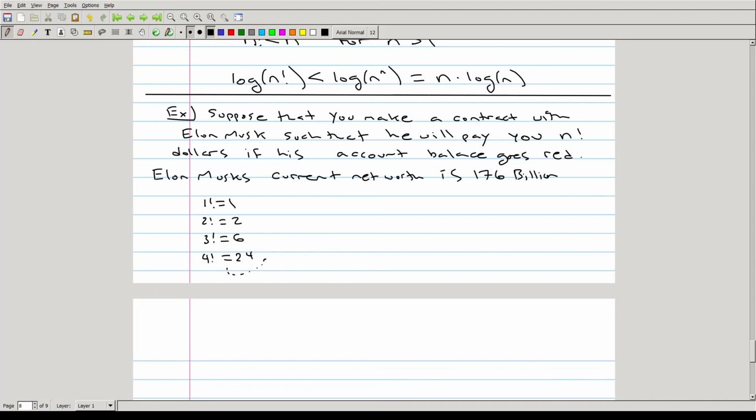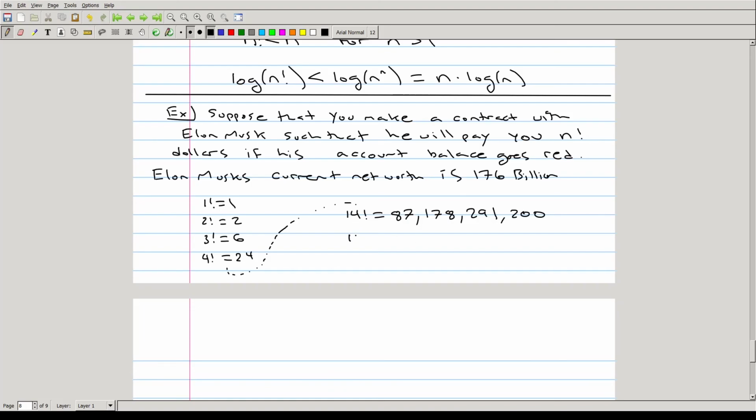So initially it doesn't seem like this is going to do much to his net worth, but sure enough, if you get up to 14 factorial, this is 87 billion 178 million 291,200. So after 14 days, we've amassed that much money.